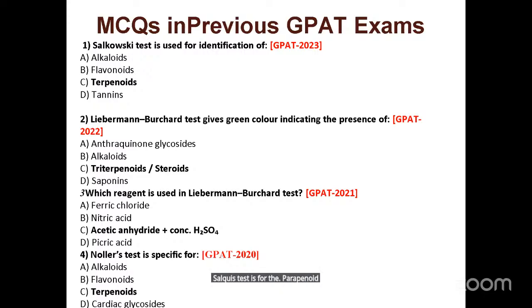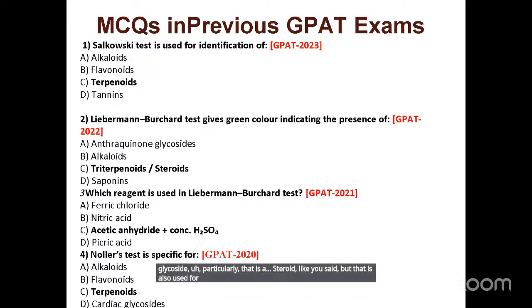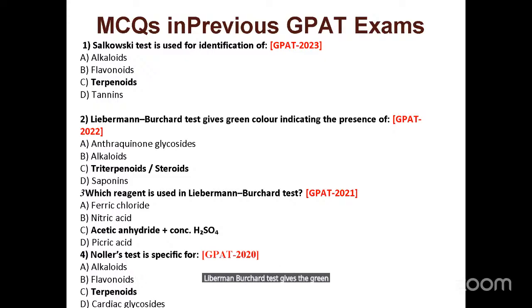Again, Liebermann-Burchard test is also used for the glycoside, particularly that is a steroidal glycoside, but that is also used for the triterpenoid. And the question was asked in the GPAT 2022. Liebermann-Burchard test gives the green color indicating the presence of triterpenoid. Mainly which reagent mainly used in a Liebermann-Burchard? Already we have seen that acetic anhydride.